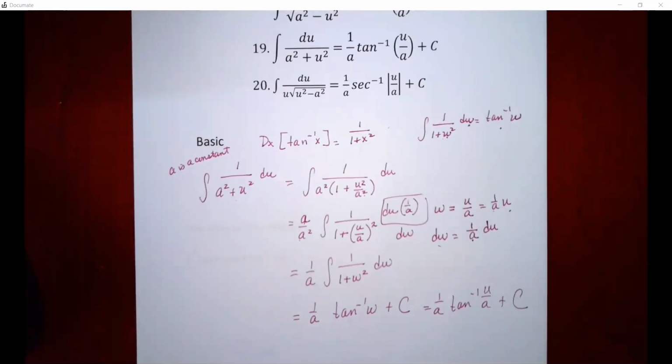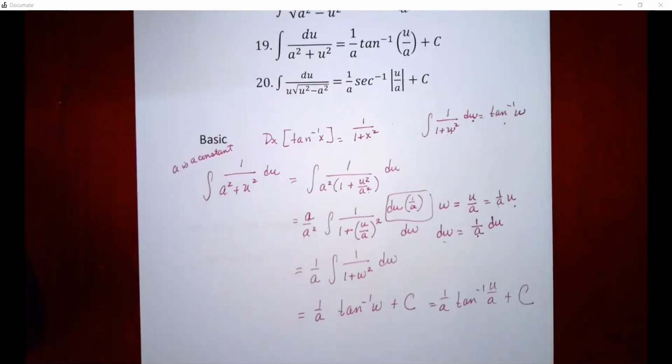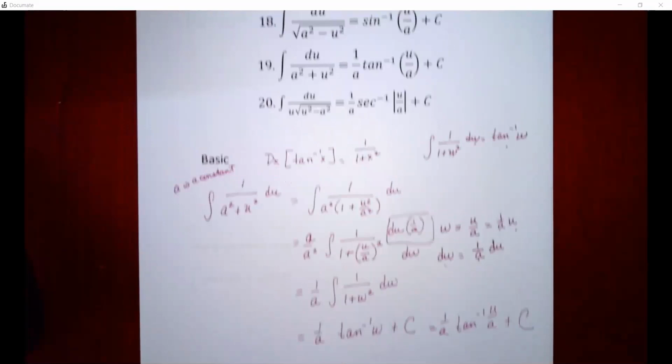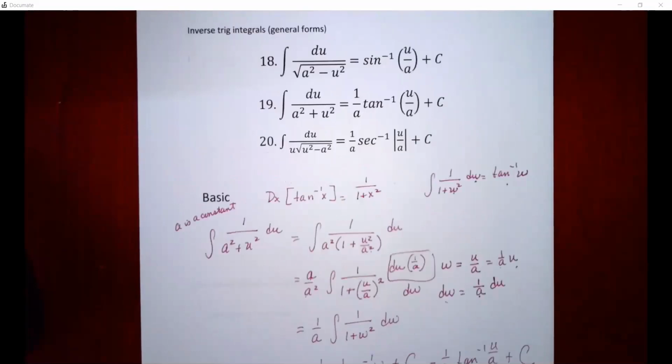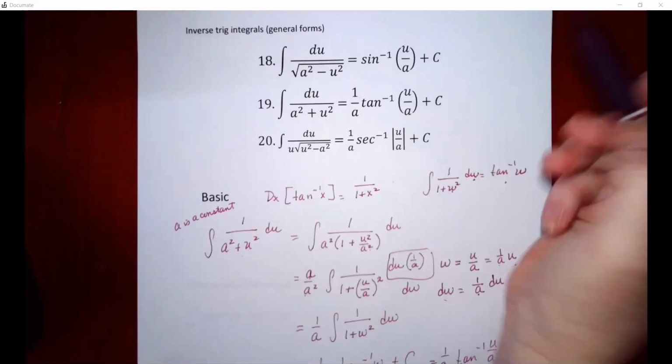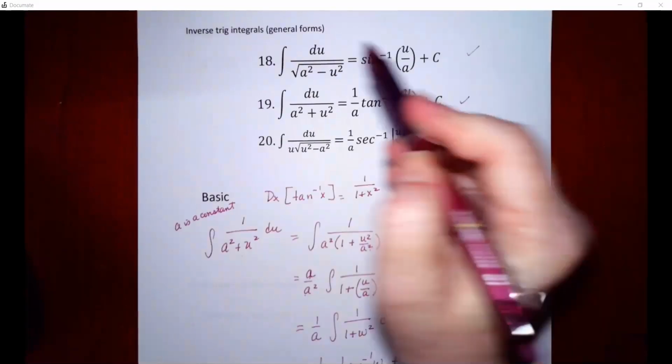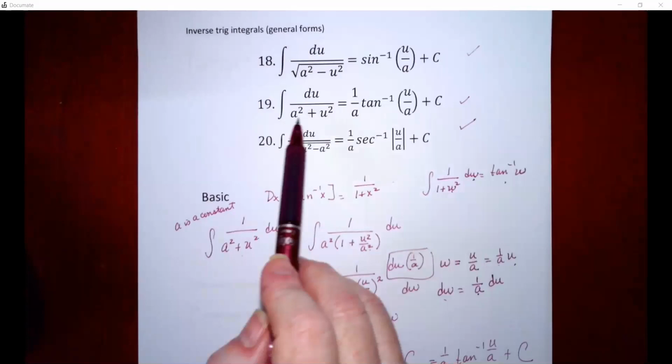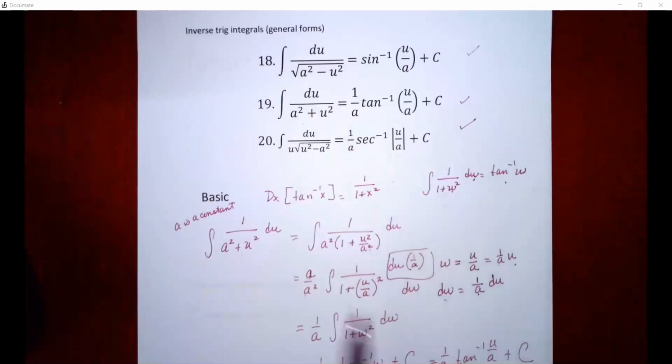Now, I go through that one to say, we don't want to have to do that every time, right? That's a lot of factoring out and adjusting of constants and things like that. So while you're memorizing your basic trig formulas or basic integral formulas, these 3 you're going to need to know with the more generalized version so that you don't have to go through this process every single time.